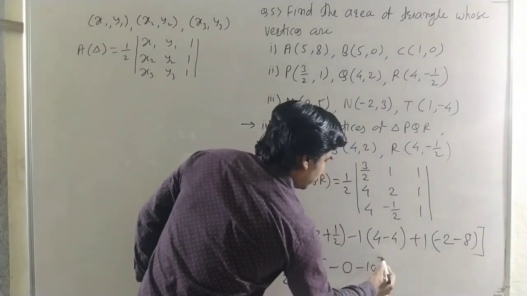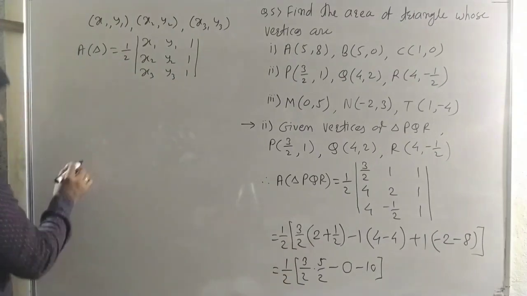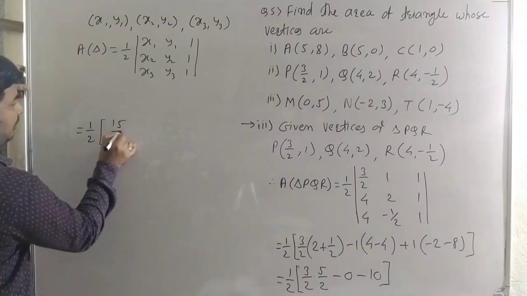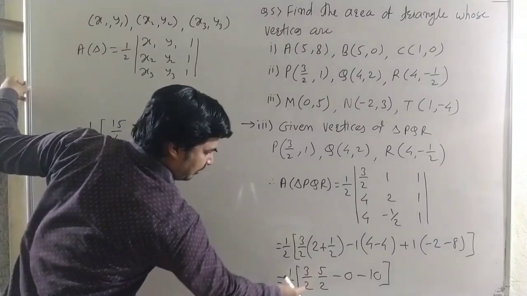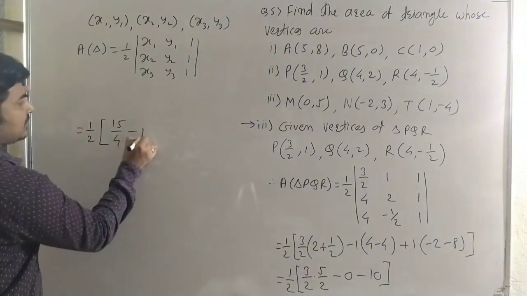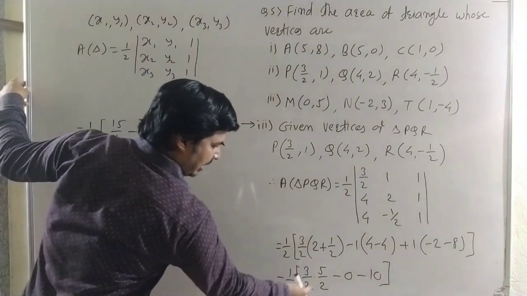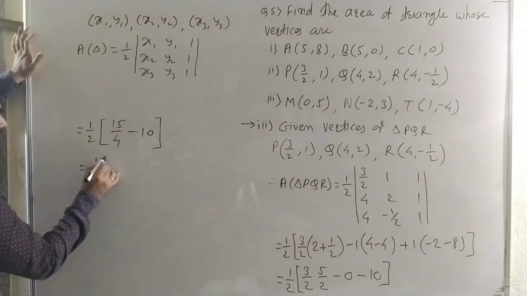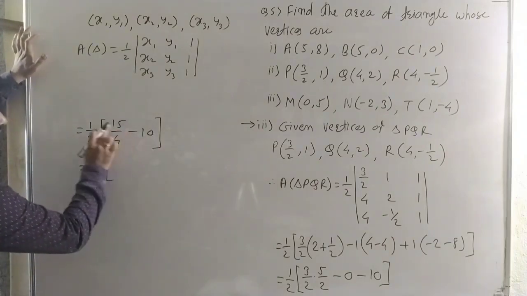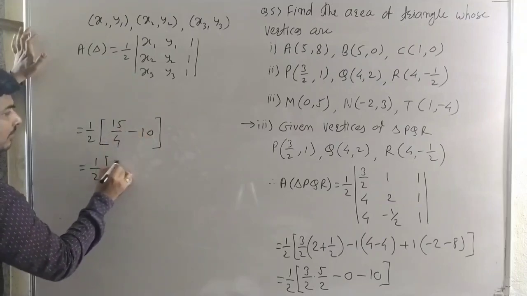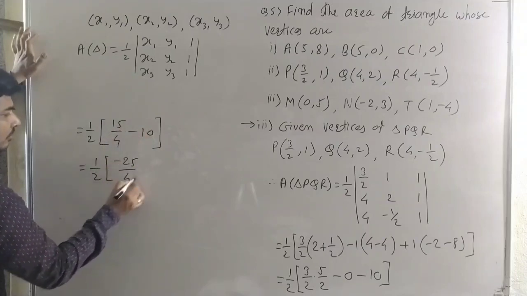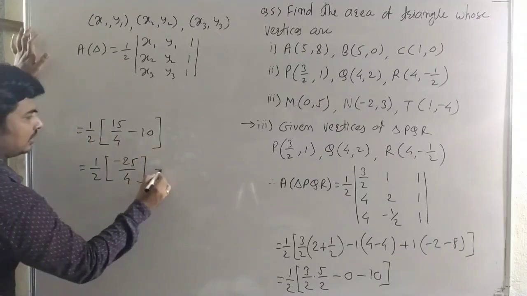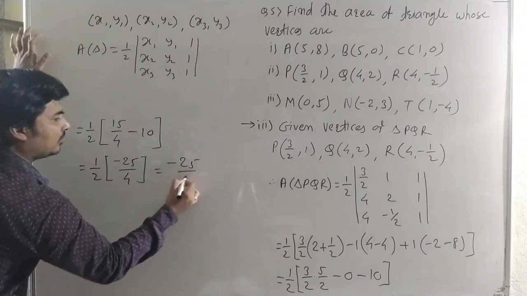So we can write 1/2 into 15/4 minus 0 minus 10. Now calculate: 1/2 into (15 minus 40)/4, which is minus 25 upon 4, and this becomes minus 25 by 8.